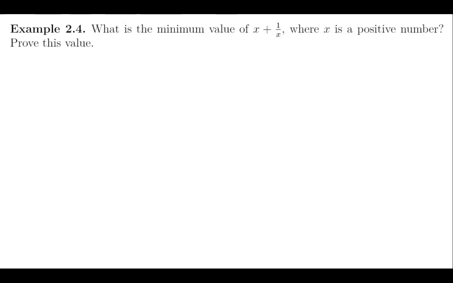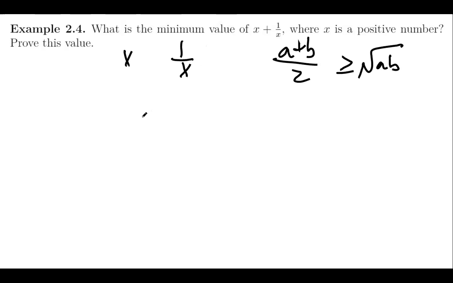Okay, so let's look at an application of AM-GM. For the minimum value of x plus 1 over x, find what it is and prove it. So because of AM-GM, let's let x and 1 over x be our two variables. Plugging them into AM-GM, which was this, that gives us x plus 1 over x over 2 is greater than or equal to 1.